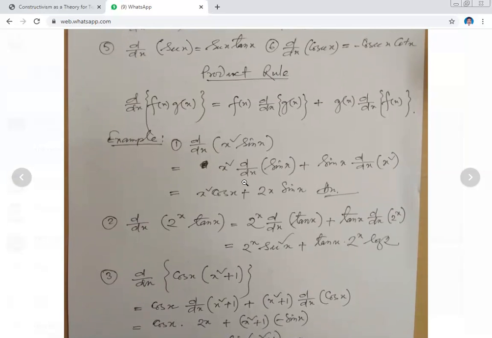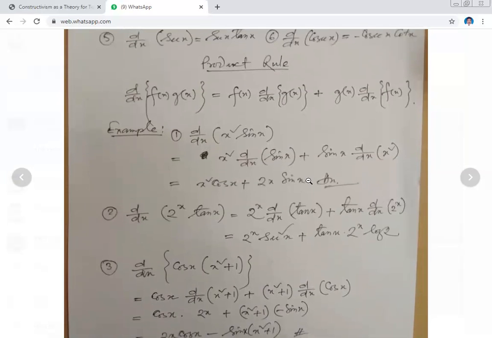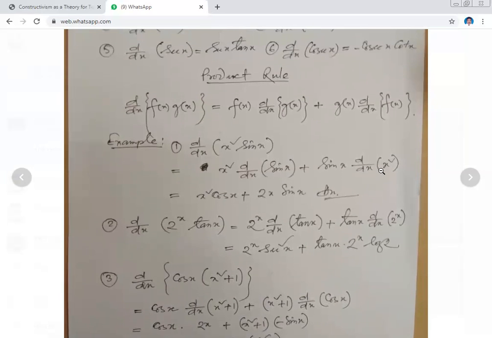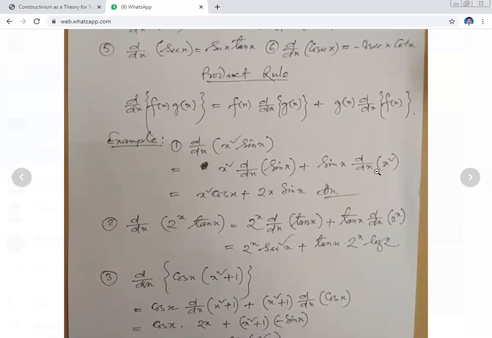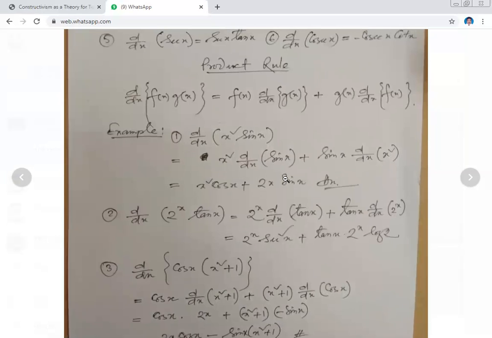So the derivative of sin x is cos x, plus sin x as it is, derivative of x square. Differentiation of x square is what? Twice x. So the result is x square cos x plus twice x into sin x.